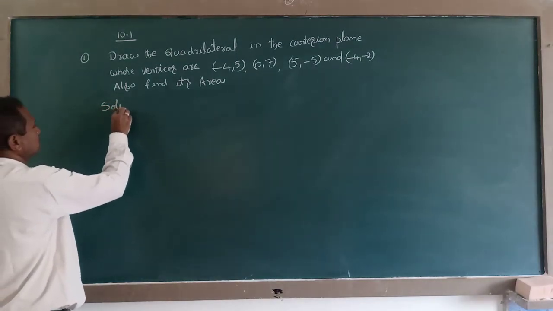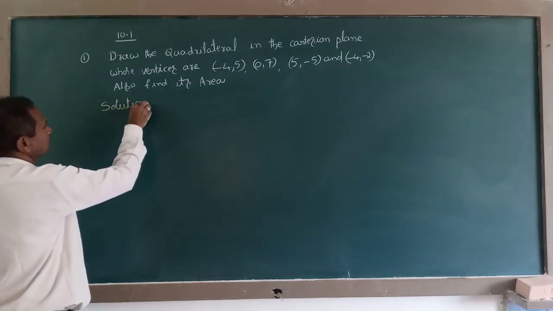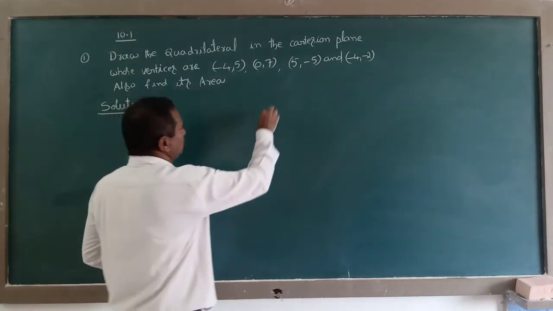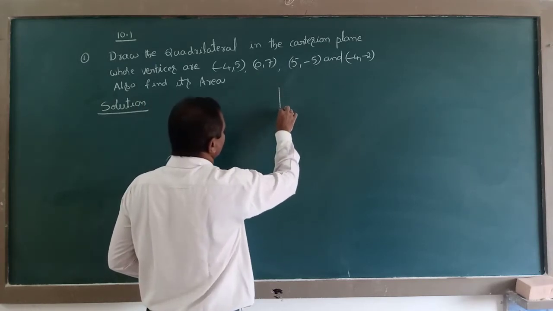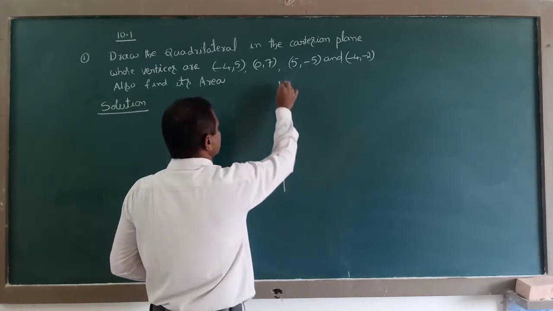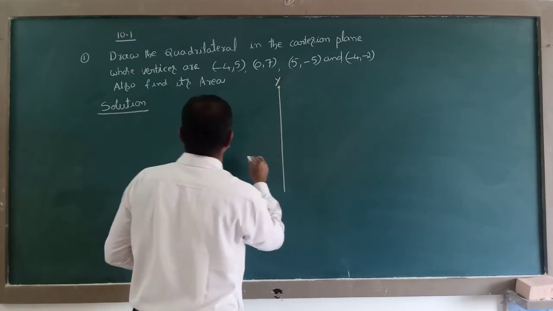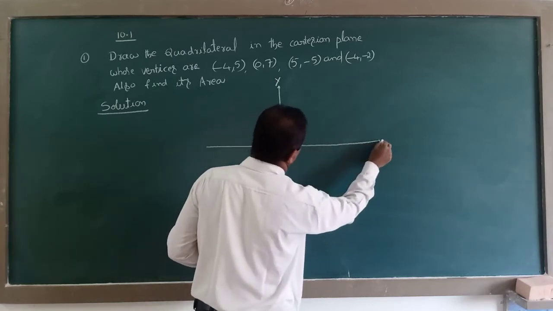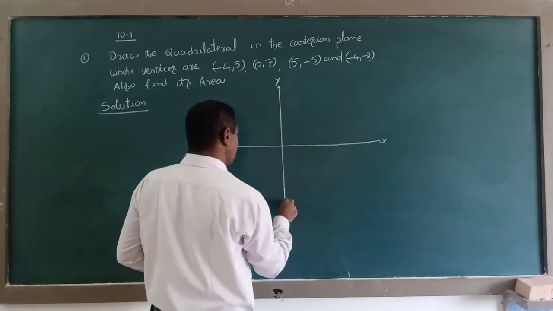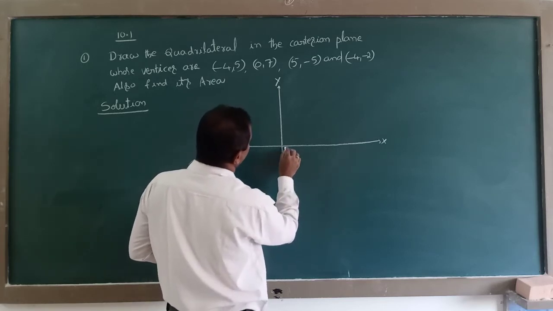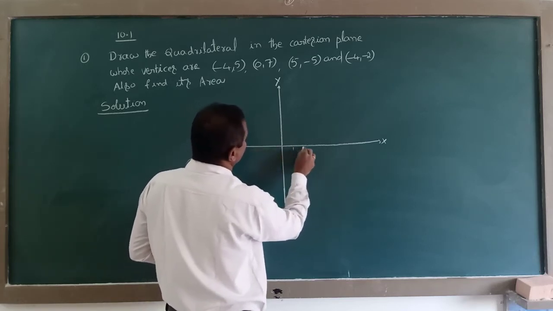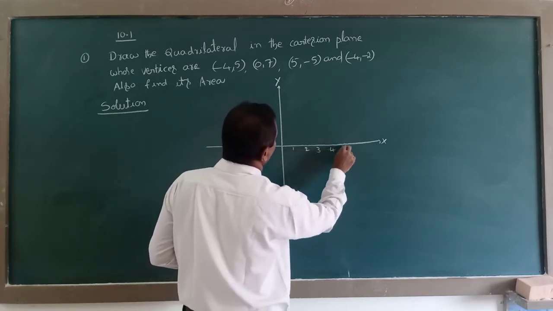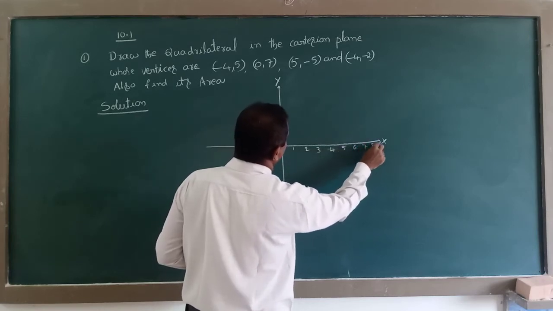Solution for this question is: the y-axis. Next one is the x-axis. Approximately we are going to write here 1, 2, 3, 4, 5, 6, 7, 8 like this.